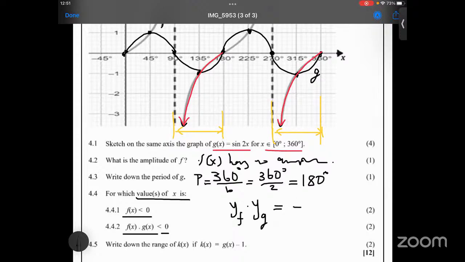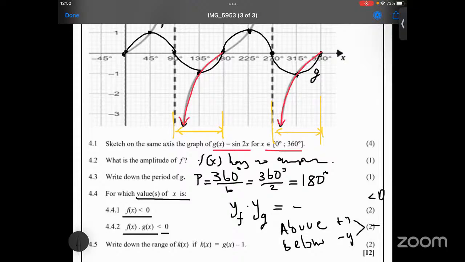That would only happen in a section where one graph is above the 0 line and the other is below the 0 line, because the one above has a positive y value and the one below has a negative y value. When you multiply them together, they give you a negative value, which is a value less than 0.